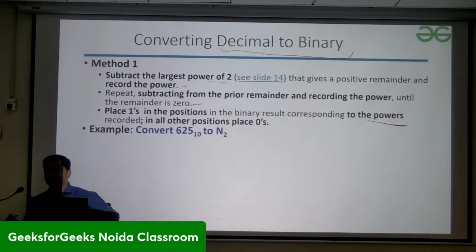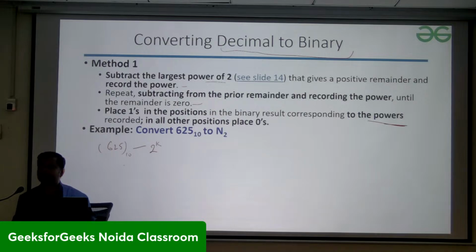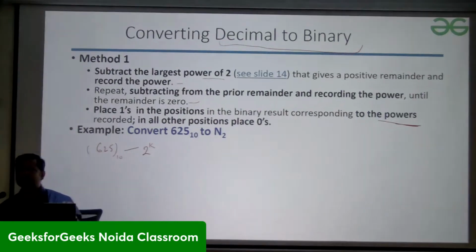So this sometimes looks like a complex one, you know, but it is very easy. Just let me have the value over here. So we have 625 base 10. I just want to subtract 2 to the power largest k, which is closer to 625.